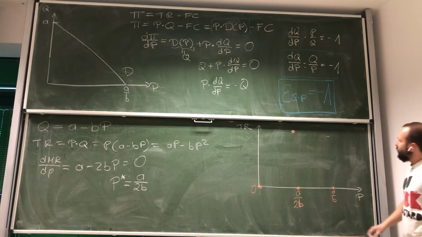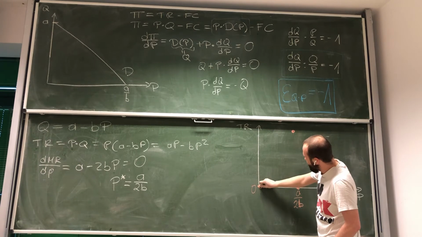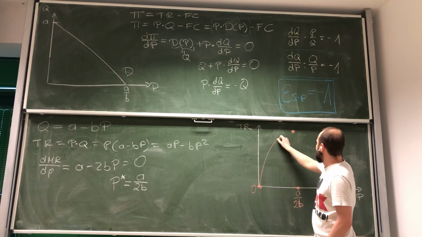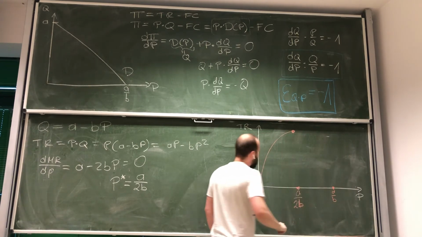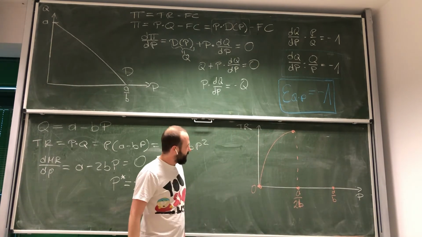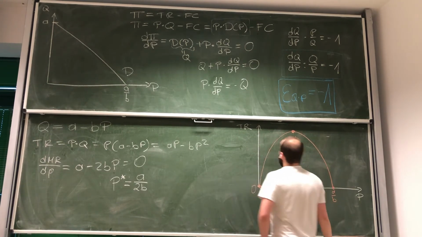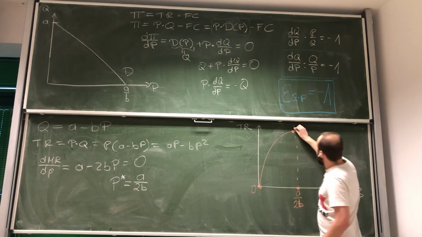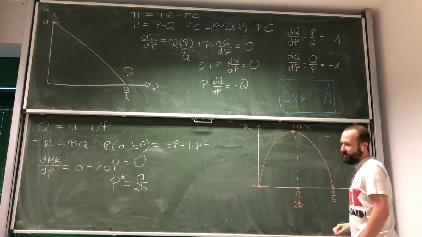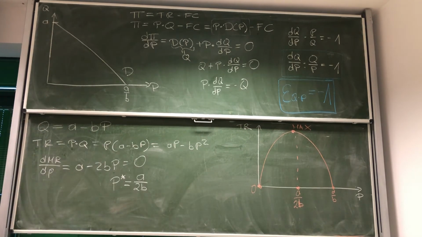So, what could we see over here? Look, as price increases, at the beginning, total revenue increases until it reaches this maximum value over here, and then it starts to decline. And here, we've got maximum. And look, for our purpose, for our model, this maximum of revenue is maximum of profit.